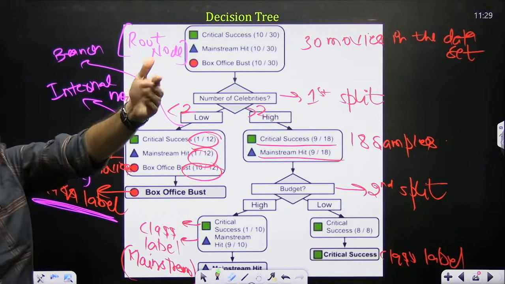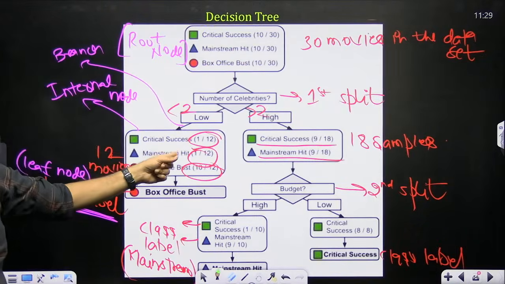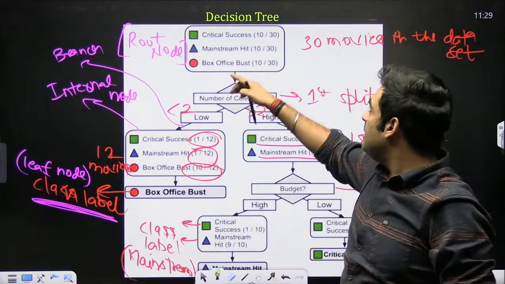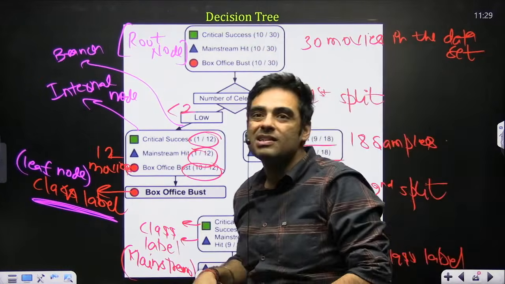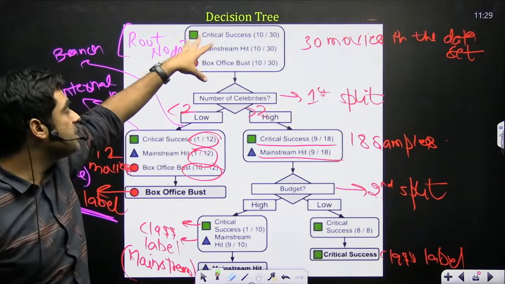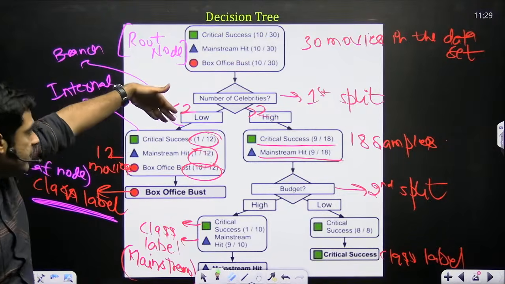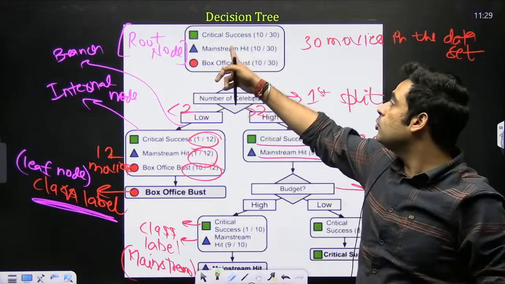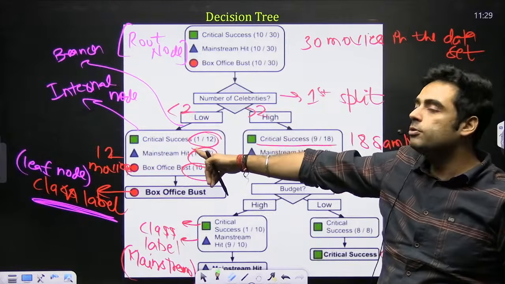I hope you can identify that the entropy of the root node would be higher than the entropy of the internal node, because this data set is a highly mixed, heterogeneous mixture of critical success, hit and flop movies. Here we tried to homogenize the mixture, so the entropy of the root node is much higher than the entropy of the internal node.